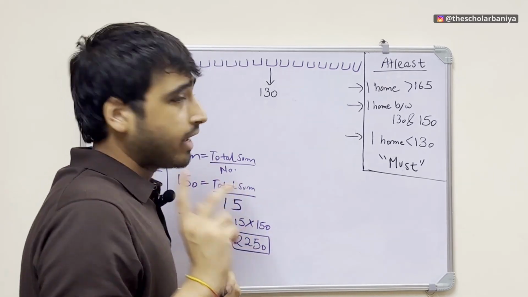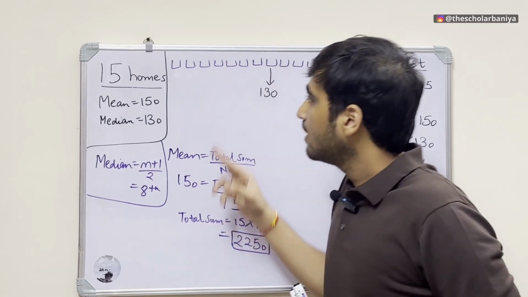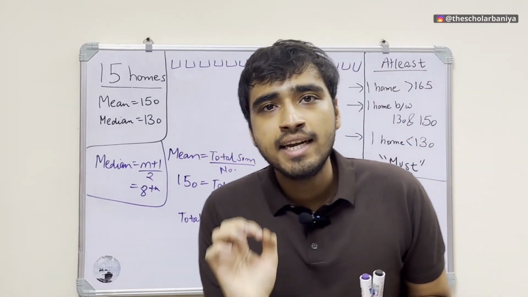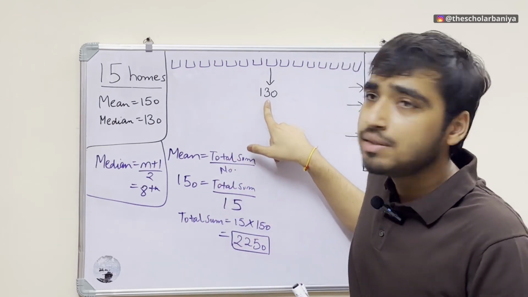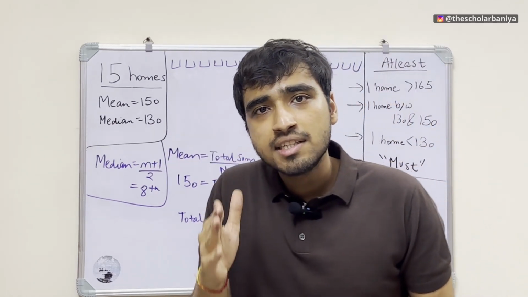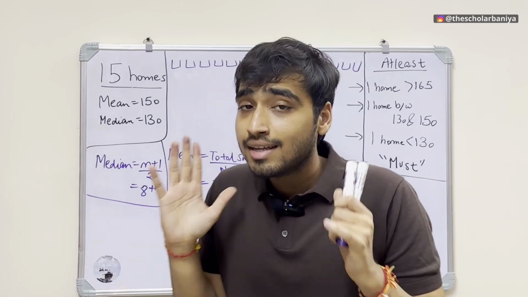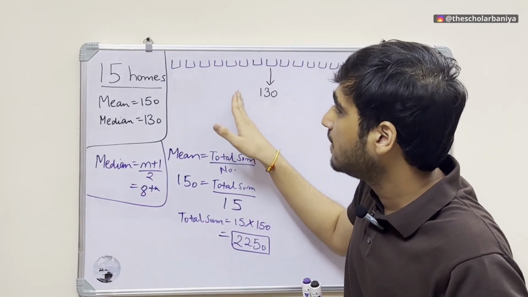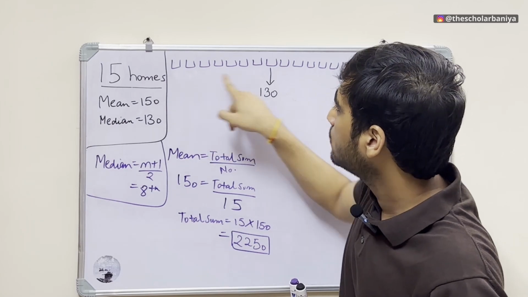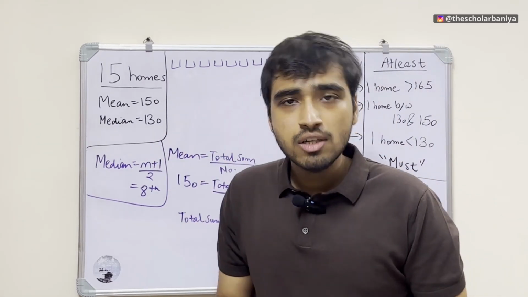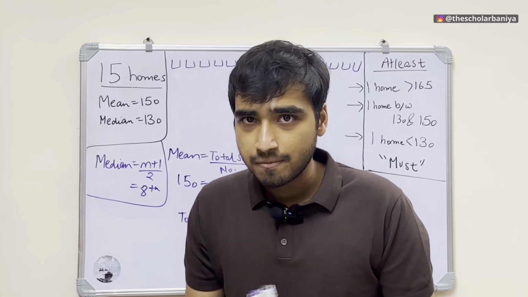One more thing to add here: all these houses are arranged in ascending order. Why? Because this was the median, 130, and we know the median is found with the values arranged in ascending order. That means all the houses to the left of 130, from this house up till this house, will be either less than 130 or equal to 130, right?